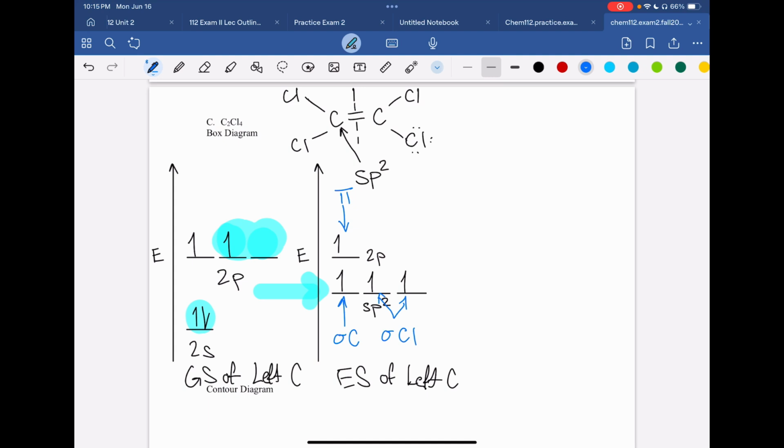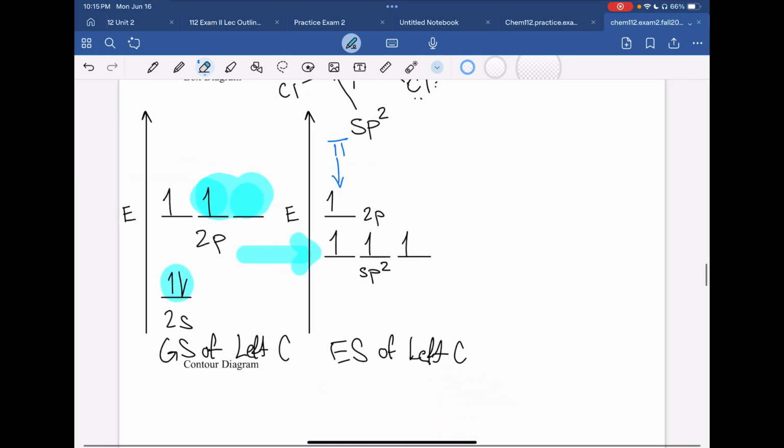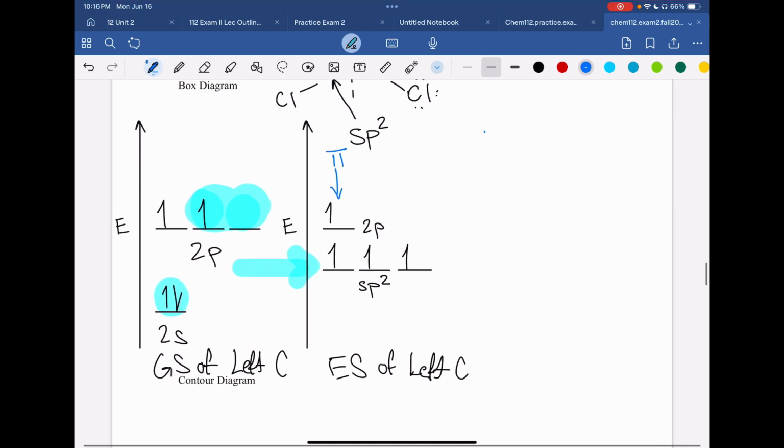So you don't have to show your work for this, or actually, let me just show you real quick. If I were to draw the left one, see if it makes sense.